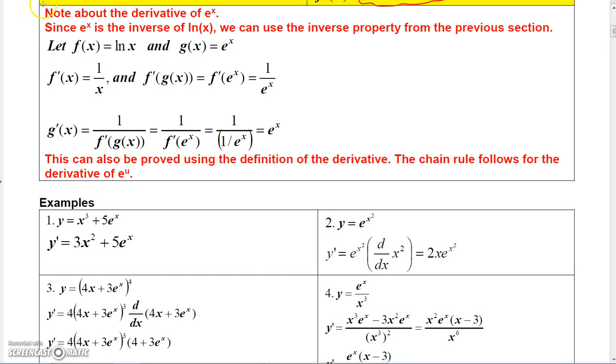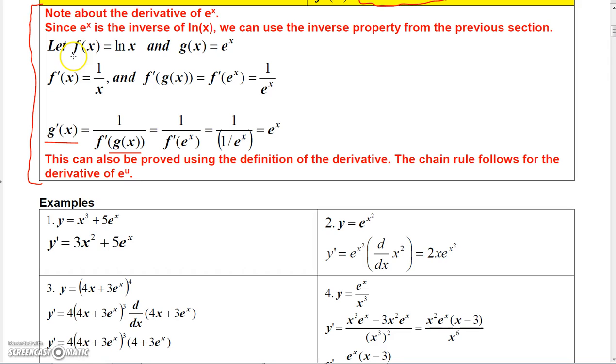This right here, I don't want to spend a lot of time on this, but this just shows you from the inverse. Remember that we found that the derivative of an inverse is 1 over the derivative of the original function evaluated at this function g of x.